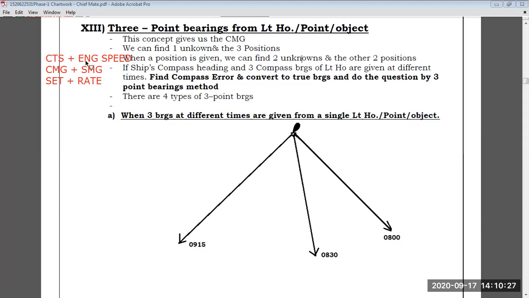So this is the first vector, second vector, and the third vector, as we have seen. Now we can find any one thing from this 3-point bearing method, and we can find all the three positions. And if one of the positions is given, then we can find any two unknown things from either of these.